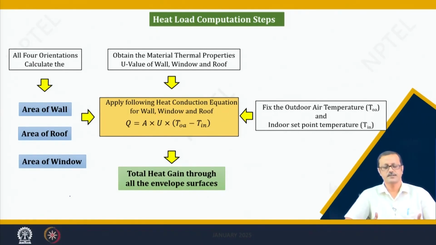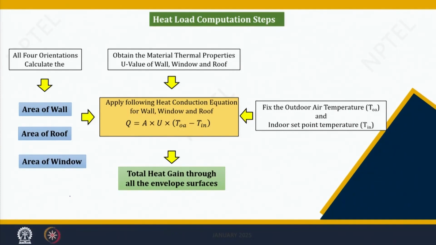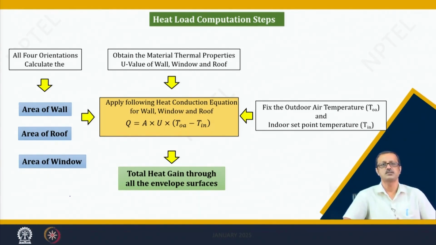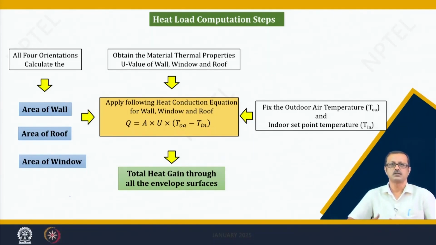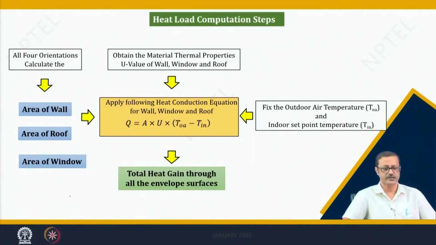That means the area of the solid, opaque wall, the area of the roof, and also the area of the windows, doors, etc. The fenestration area includes windows, doors, any glazing, or a curtain wall with some transparent material, and there is also a horizontal area of the roof and the wall.